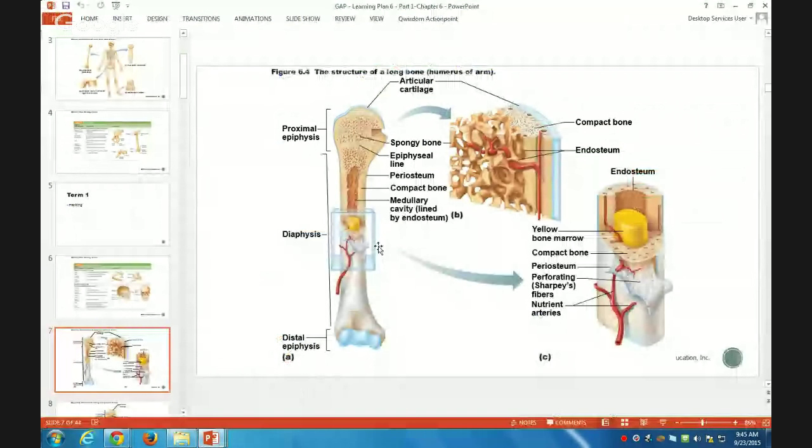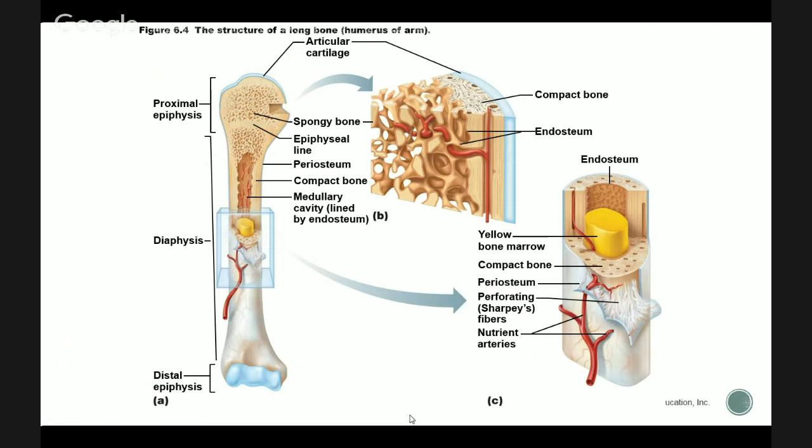Now, spongy bone also has a lot of blood in it. They're not showing it in here, but if you took a regular spongy bone and you cut into it, not dried out, that's living tissue inside of a person.